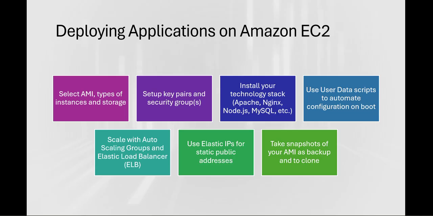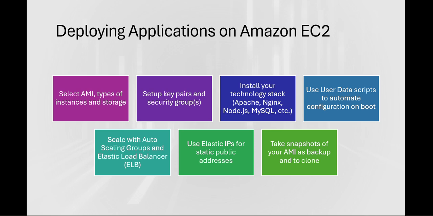And here is deploying applications on Amazon EC2. First, select the AMI, type of instance, and storage, set up key pairs and security groups, and install your technology stack, anything like Node.js, MySQL, or anything.